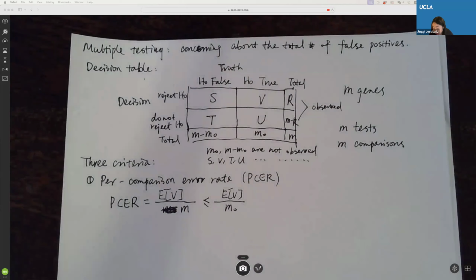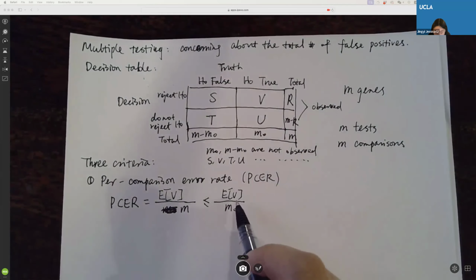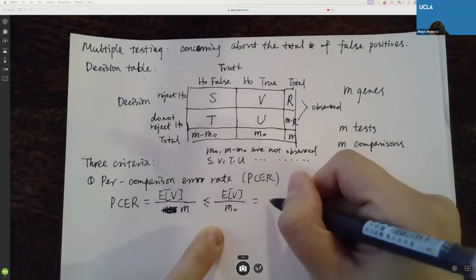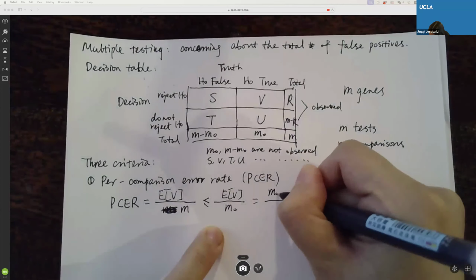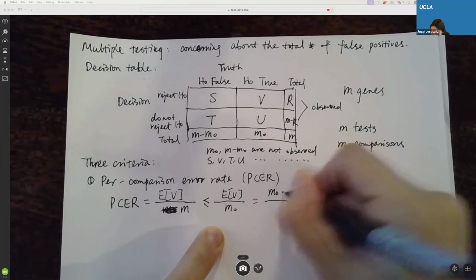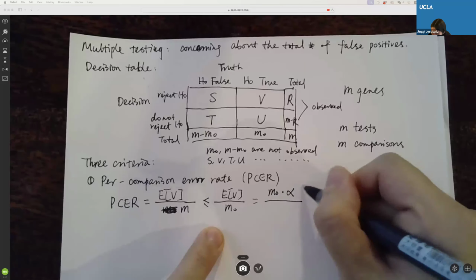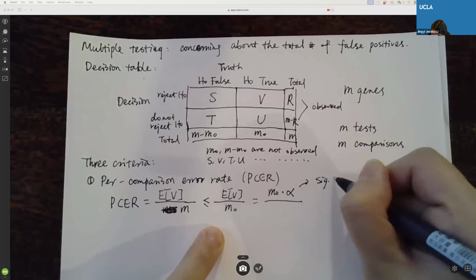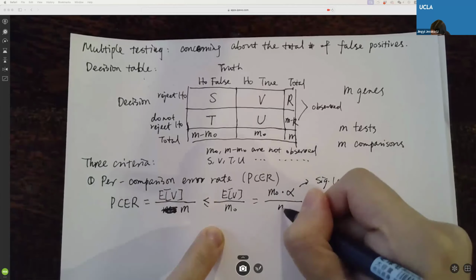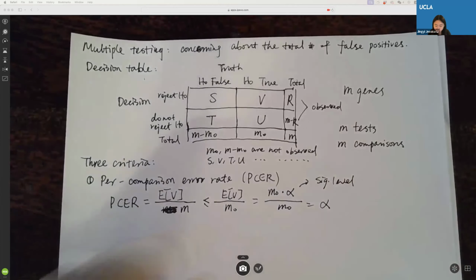And this is exactly our definition of type 1 error, right? Because this EV is equal to m0, the number of true negatives, multiplied by the chance that each one is mistaken, the significance level alpha, divided by m0 is alpha.